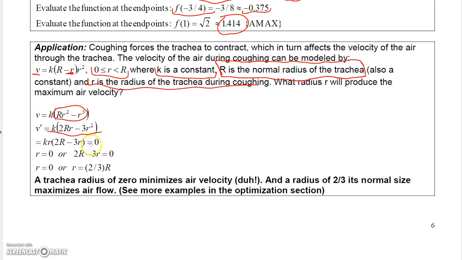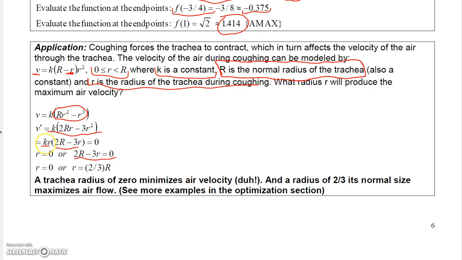Now let's set the derivative equal to 0. You might notice I factored a little r out when I did that, so I did two things at once. I factored the small r out, and what I'm left with is 2 times capital R minus 3 times little r. So basically I get constant times r has to be 0, or 2R minus 3 little r has to equal 0.